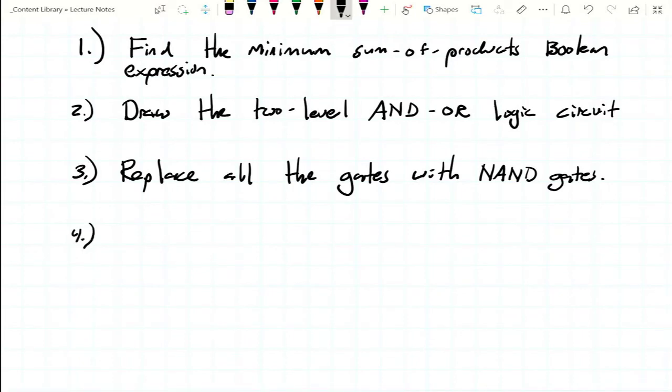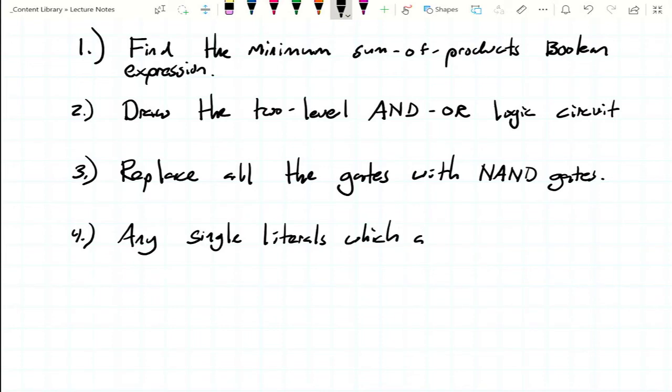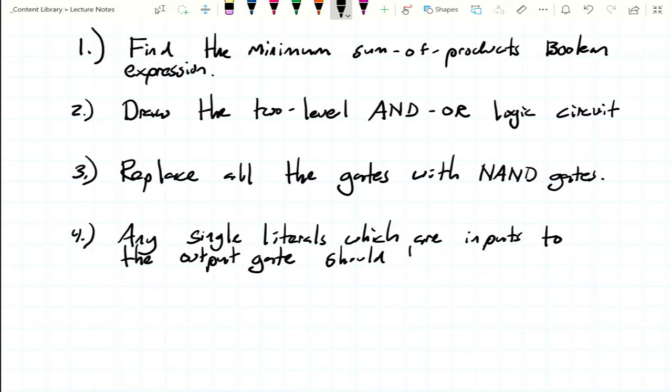And step 4, the final step, is any single literals which are inputs to the output gate should be inverted.